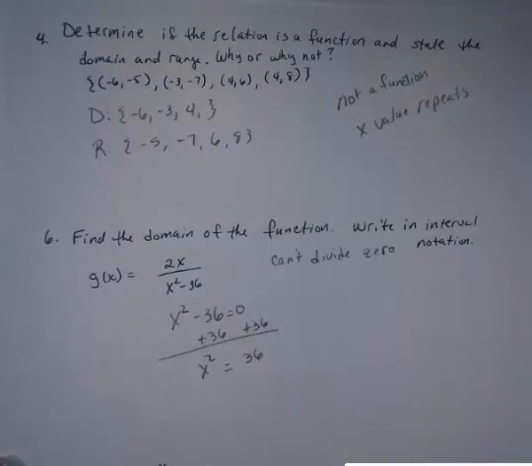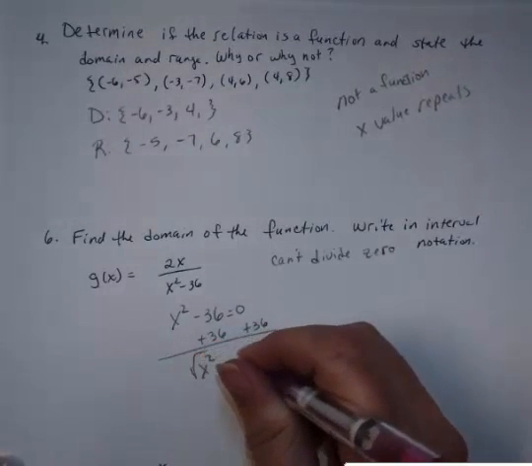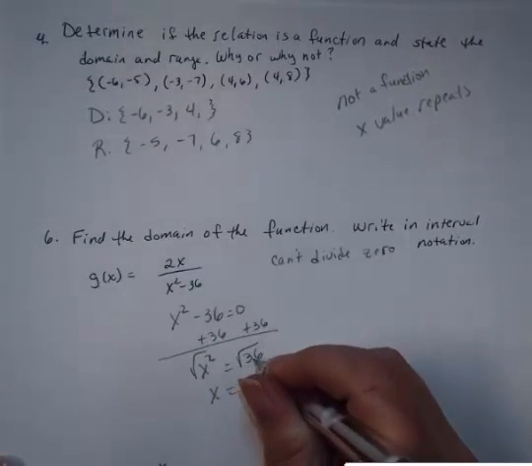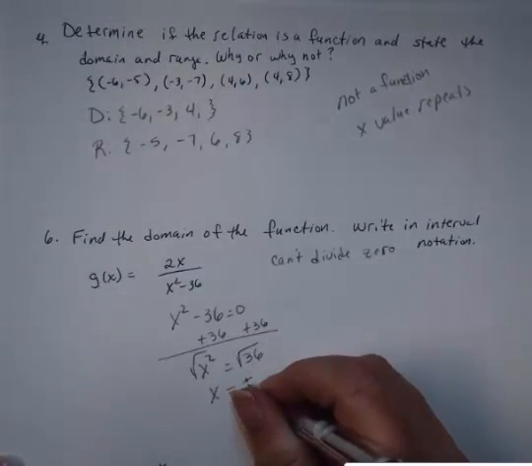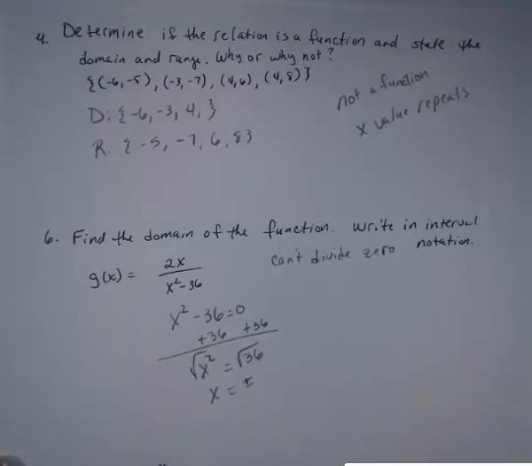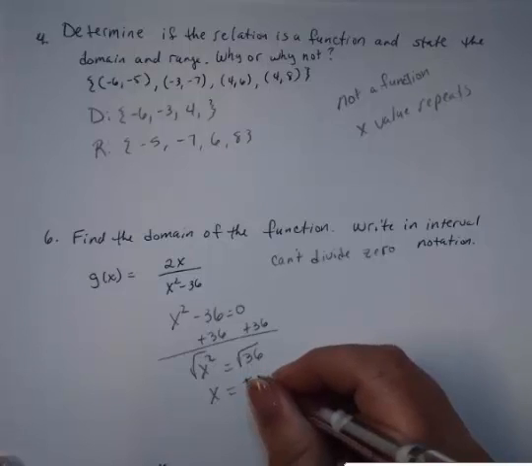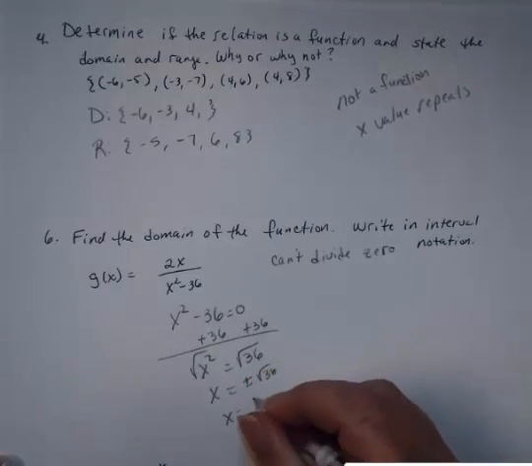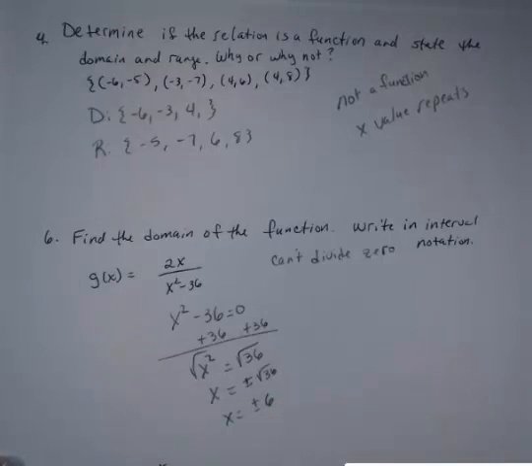Now we're going to solve this by taking the square root of both sides, which gets us x equal to the square root of 36. Remember, whenever we introduce the radical, it will be plus or minus. So plus or minus the square root of 36. So x will equal plus or minus 6.